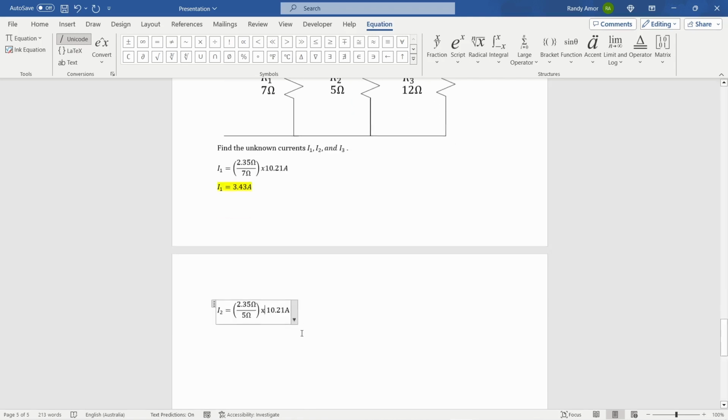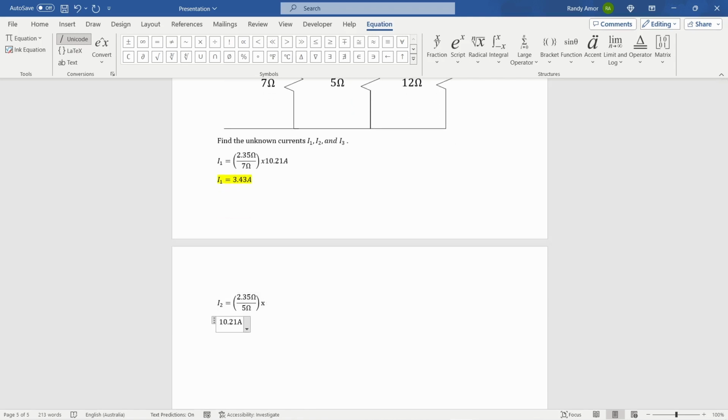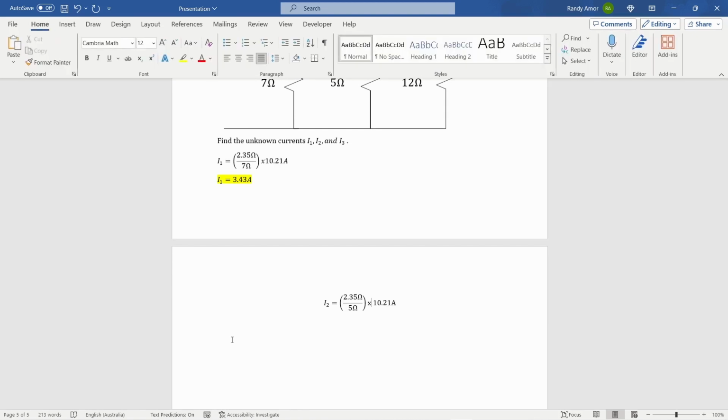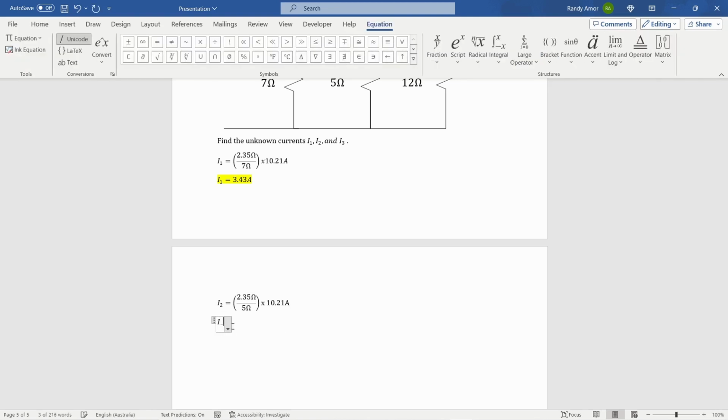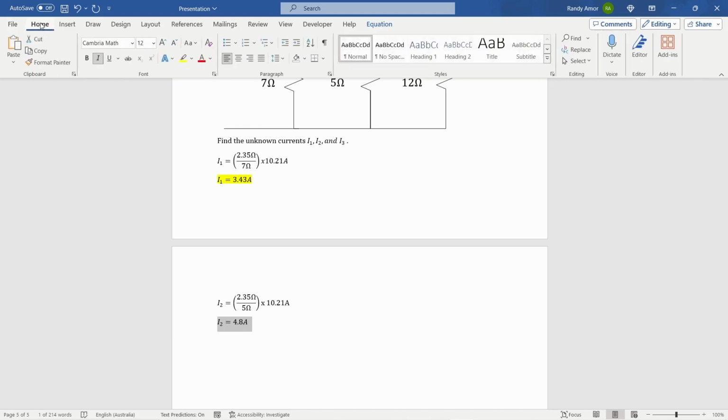Therefore, our I2 will be equal to 4.8 amperes.